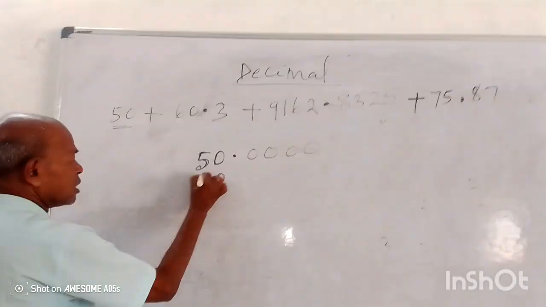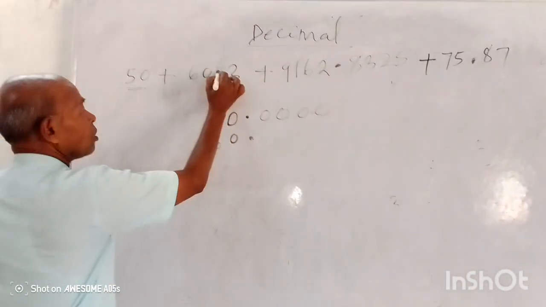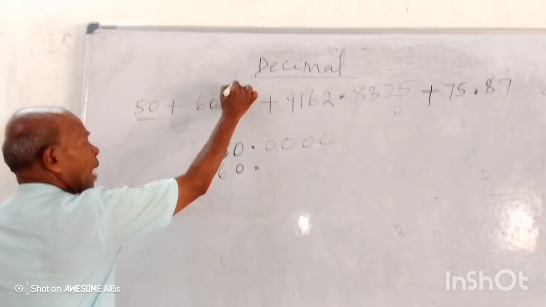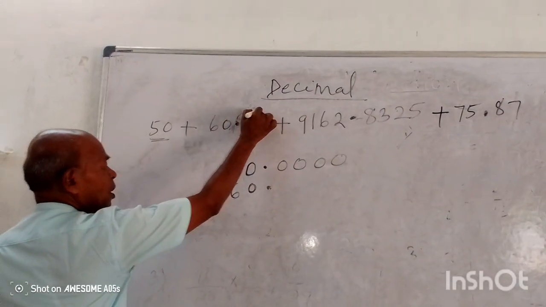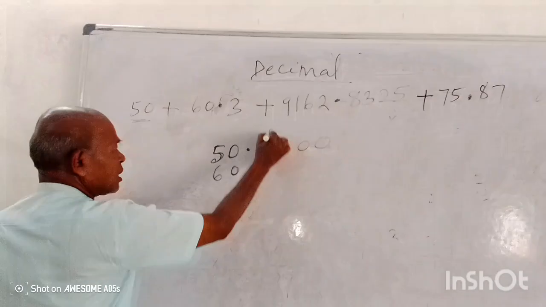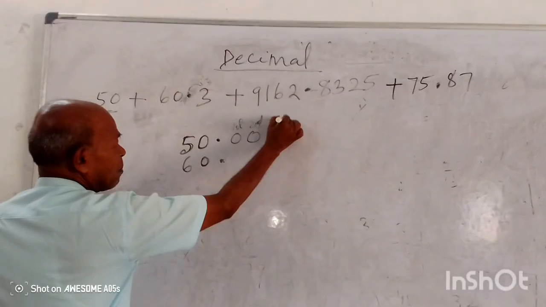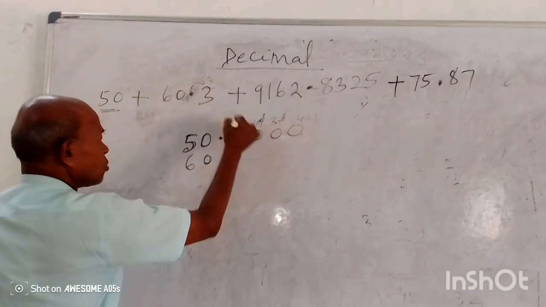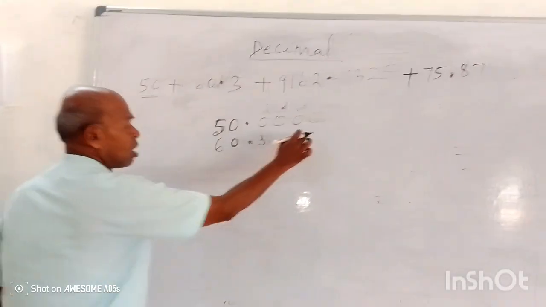This is your 6. Now you see 3 is in the first place after the decimal point. The first place after the decimal point starts from here: first place, second place, third place, fourth place. So you will write 3 here, not here.